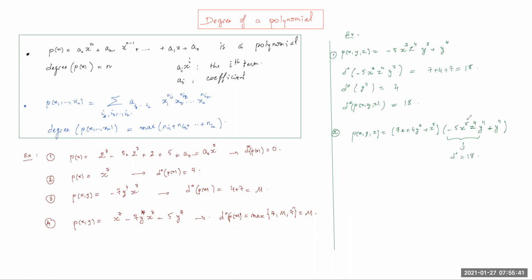So if I do my distribution multiplication, I will have this term with degree 18. If I multiply by z^5, I will add 5, so I will have 23. So I can say the degree of z^5 times minus 5 x^8 z^4 y^4 is 18 plus 5, which is 23. It's something we can do mentally.